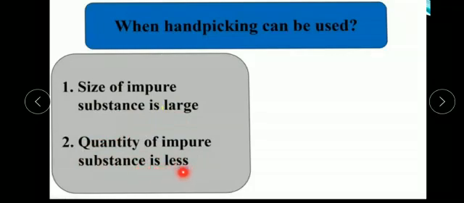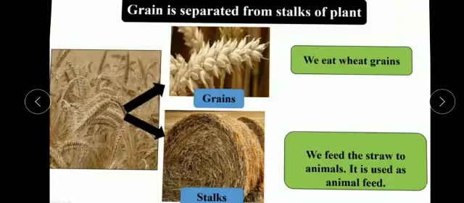Because if there are tons and tons of rice full of impurities and you have to separate them, will you be able to do it by hand? The answer is no. So if the size of impure substances is very small or there is a large quantity of impurities, then hand picking cannot be used. Understood now? Okay. Now we will study another method of separation.